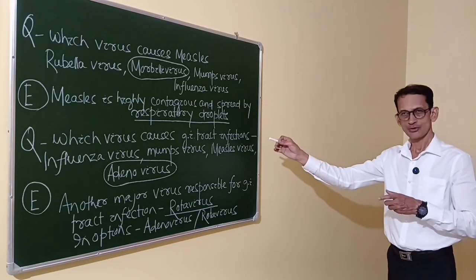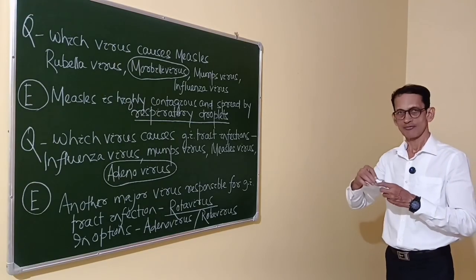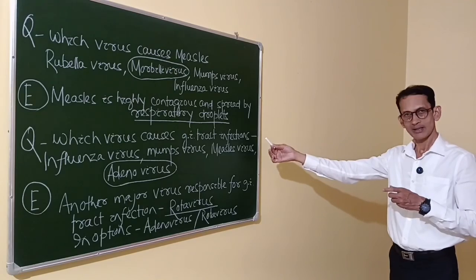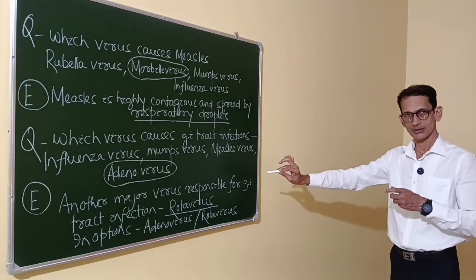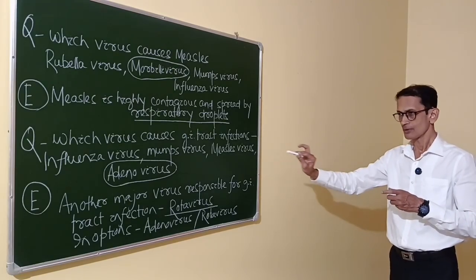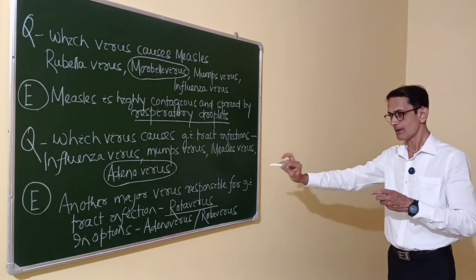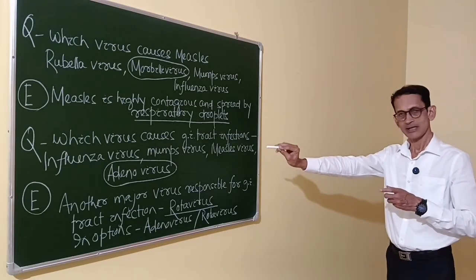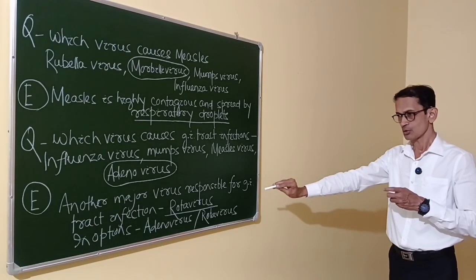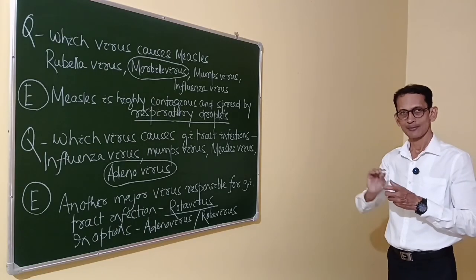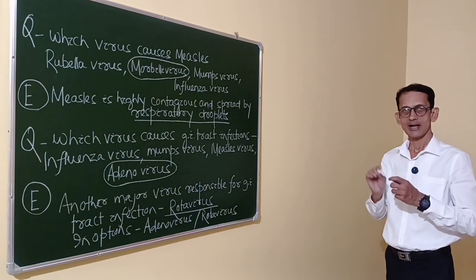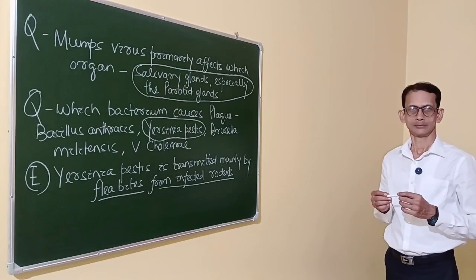So in the options of this type of question, you will find either adenovirus or rotavirus. Normally both will not come in the options. So you have to make a note: both adenovirus and rotavirus are responsible for GI tract infections.